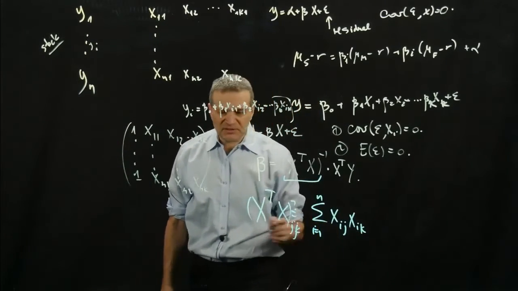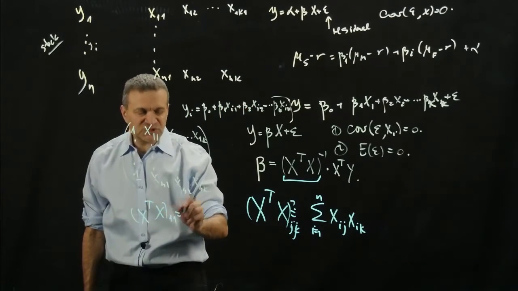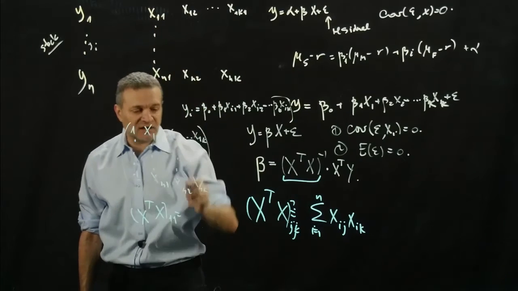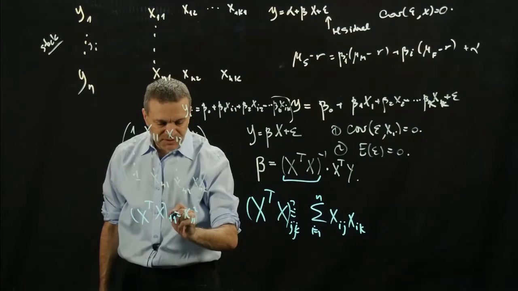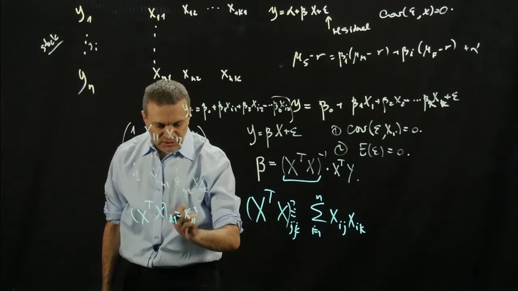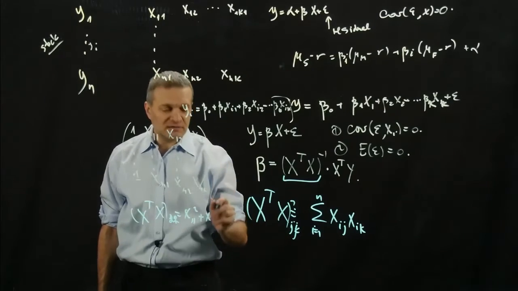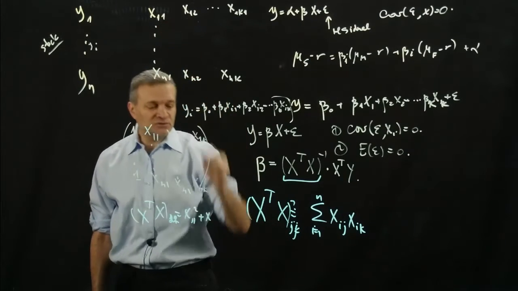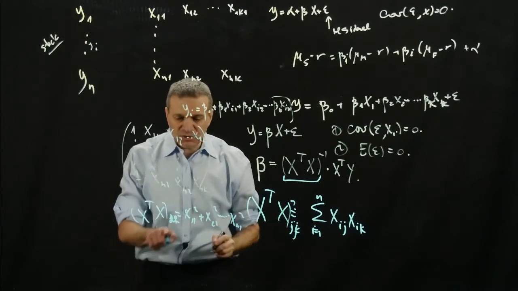So for example, X transpose X 1, 1 is just going to be the first column times itself. So it's going to be X11 square. Sorry, it's going to be 2, 2, and I'll explain why. X11 square plus X 2, 1 square, yada, yada, yada, X n1 square. Now, why do I put 2, 2 here?